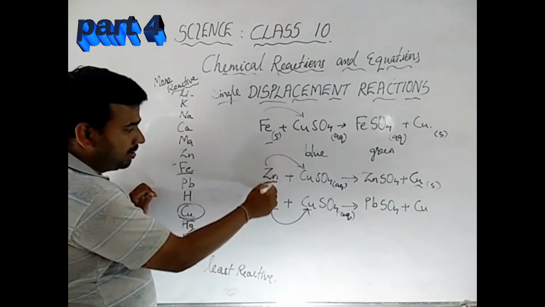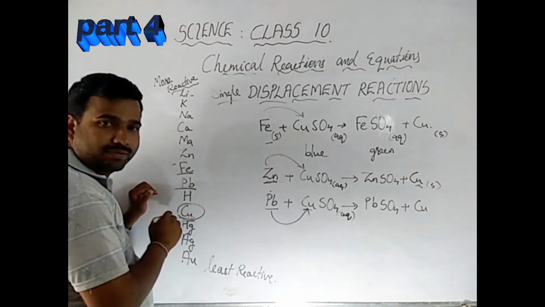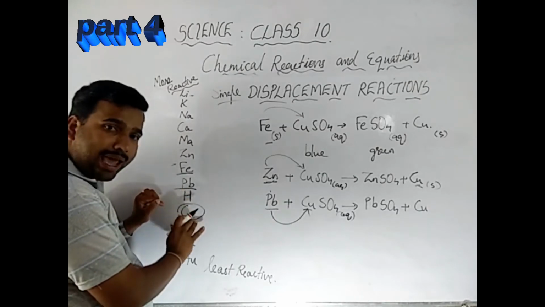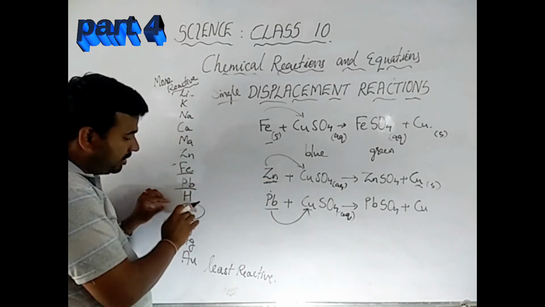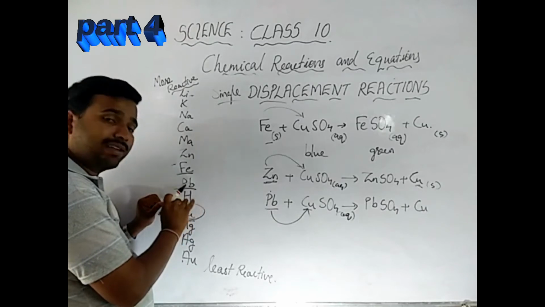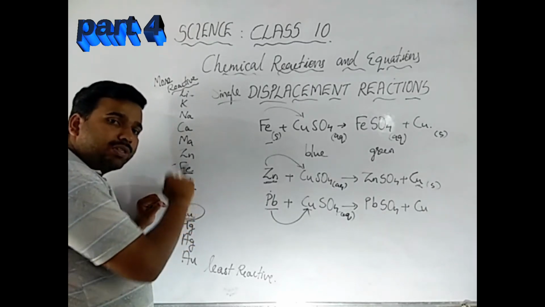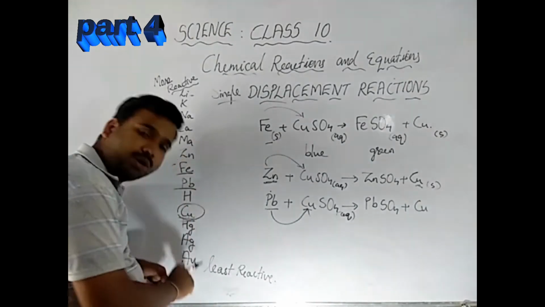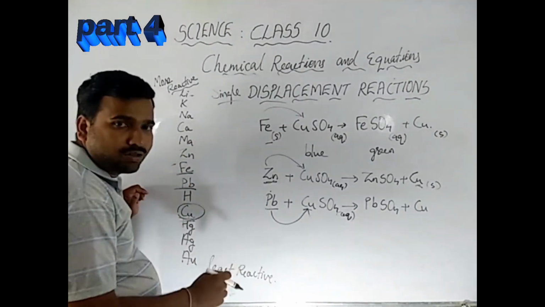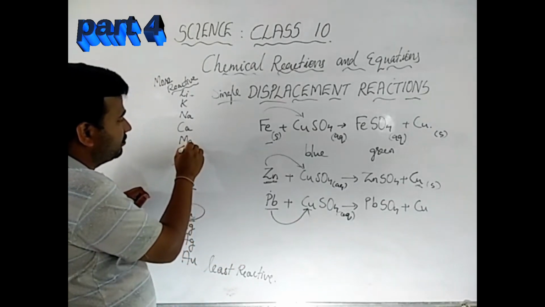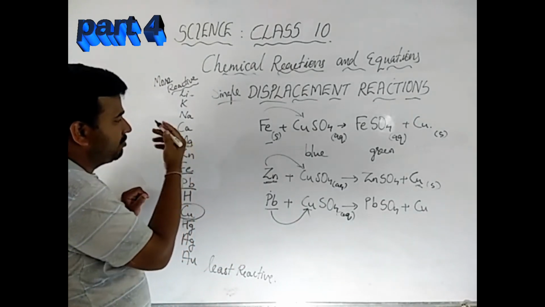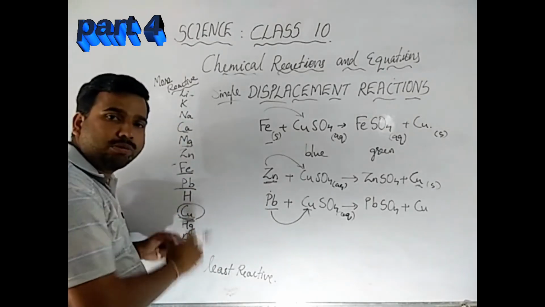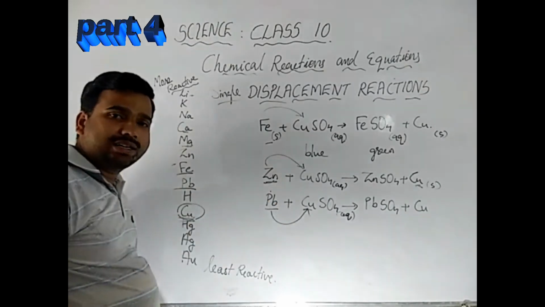Look at the position of lead here. Lead is more reactive than copper, so the position of lead is above copper. The metals placed above are able to displace the metals placed below them from their salt solutions. Take magnesium or calcium, any such metal, and put it in copper sulfate solution, and copper will get displaced.